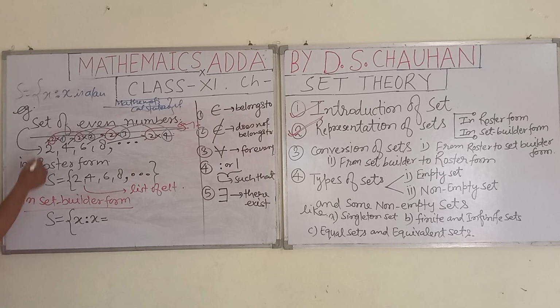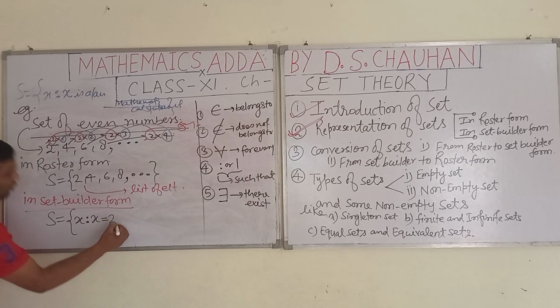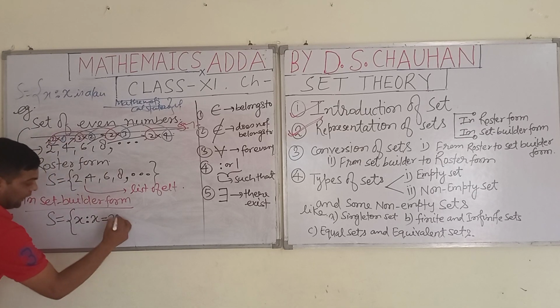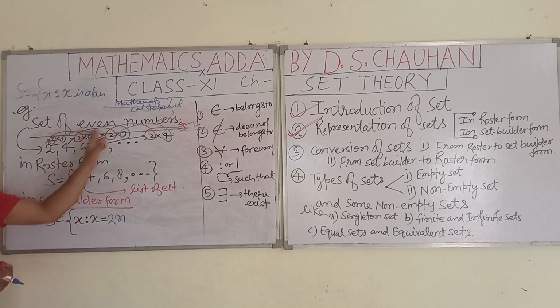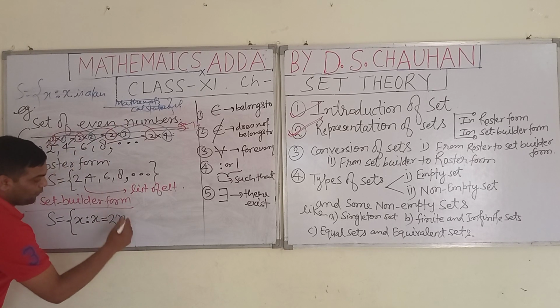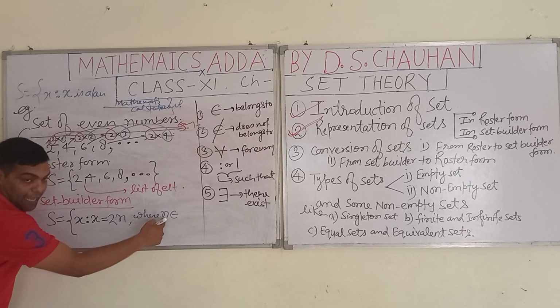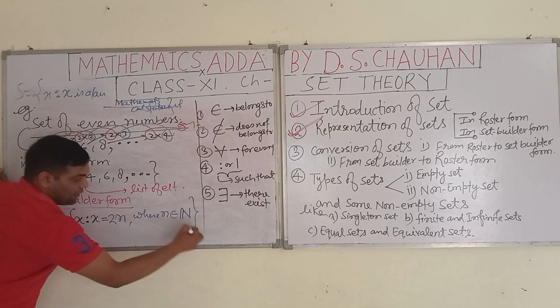So it can be written in the form x equals 2, and the constant series we write as it is, and for the varying series we write n, where n can take values from 1 onwards. So x such that x equals 2n, where n belongs to the set of natural numbers.